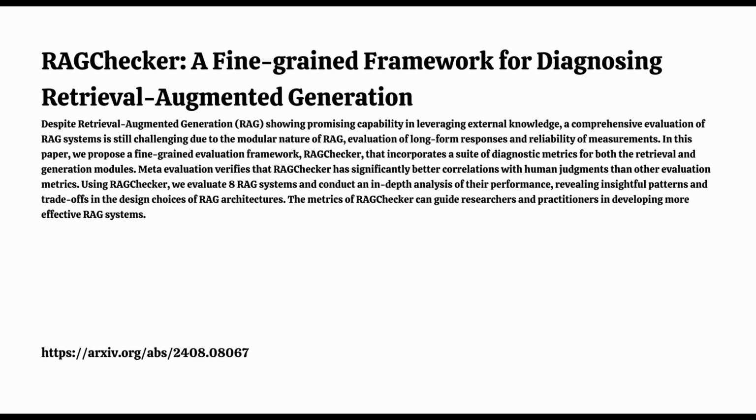Starting with the retriever, RAGChecker focuses on claim recall and context precision. Claim recall, if I'm understanding this correctly, tells us how well the retriever is finding all the necessary information to answer the question accurately. Yes, it measures the proportion of claims in the correct answer that are covered by the retrieved information. Context precision, on the other hand, is calculated at the chunk level.